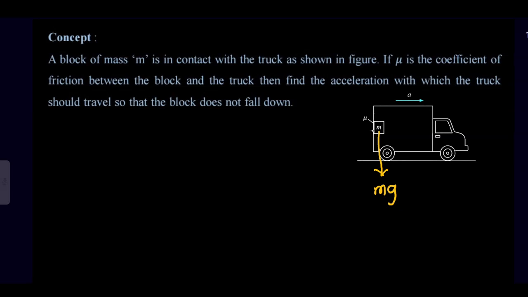This block and this surface. So the normal is here. Wherever we have contact between two bodies, we have a normal reaction. This body is in contact with this wall, so the normal reaction is here.